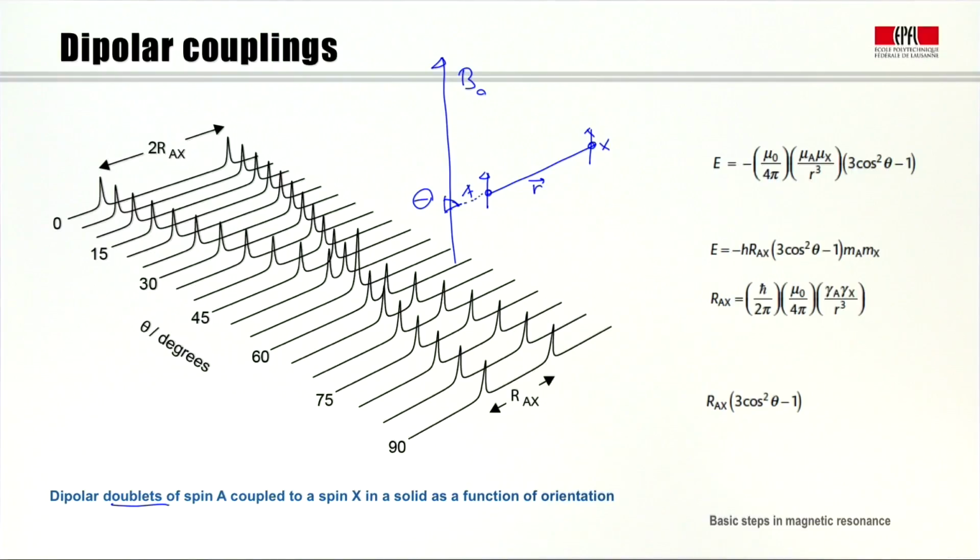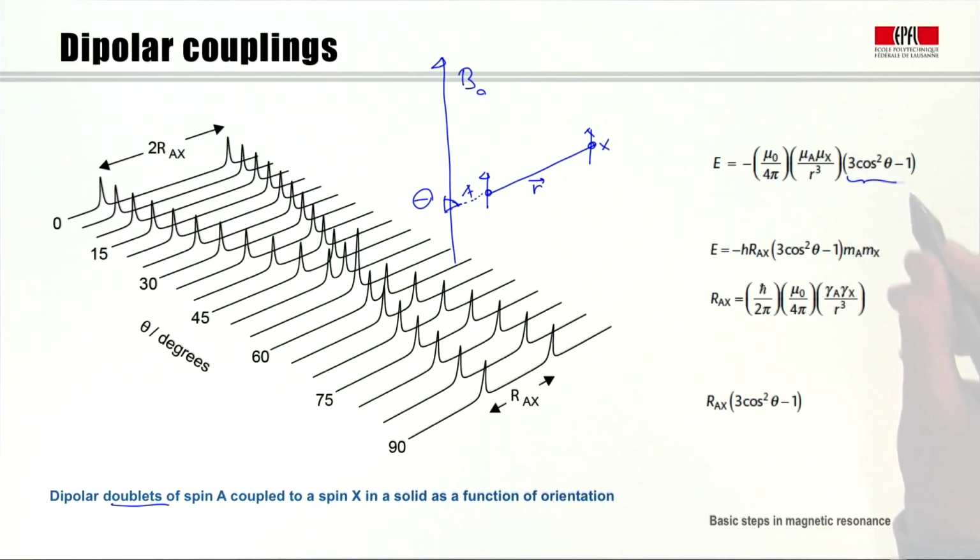It turns out that the energy level diagram is affected by the dipole-dipole couplings. This has nothing to do with the J couplings, it has nothing to do with electrons, it is purely mediated through space. And you see here that there is an angular dependence.